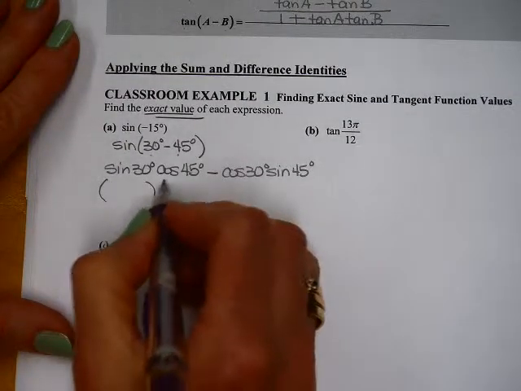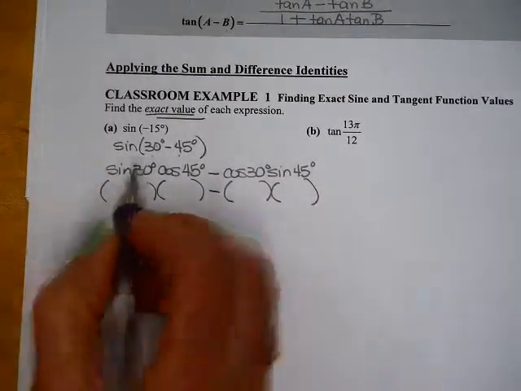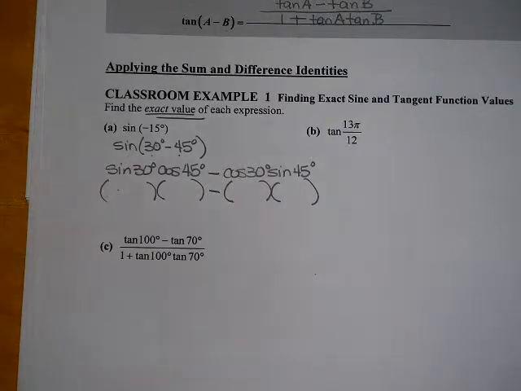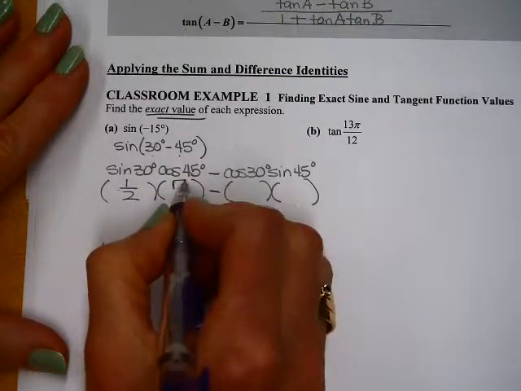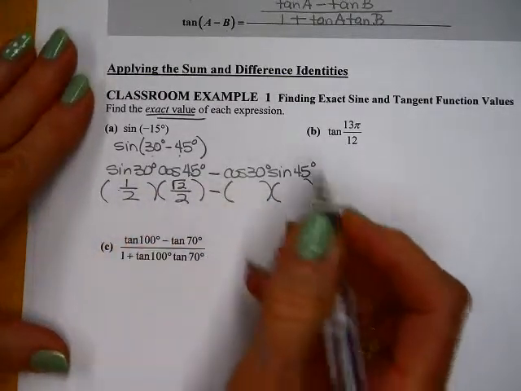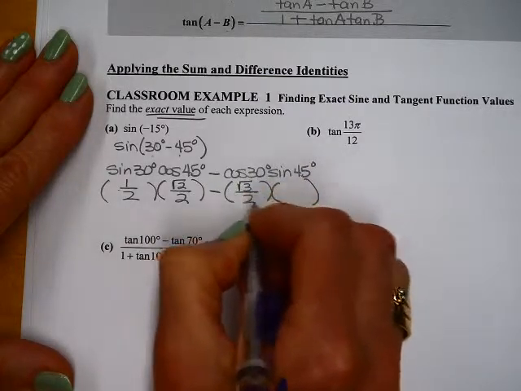All right, so four numbers from your exact value sheet. The sine of 30 degrees is 1/2. Cosine of 45, square root of 2 over 2. Cosine of 30, square root of 3 over 2.